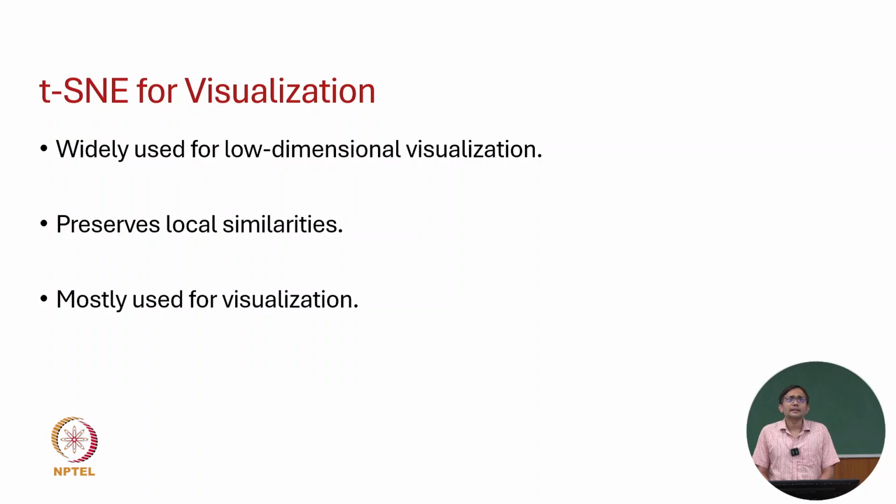Similarly, something that I would like to mention briefly is t-SNE, which is often used in the context of visualization. This is used to project data to low dimension and then to help us visualize, to understand different properties of the data.